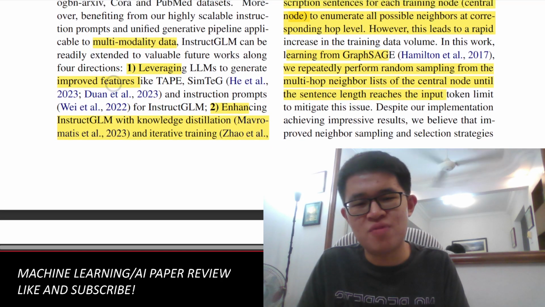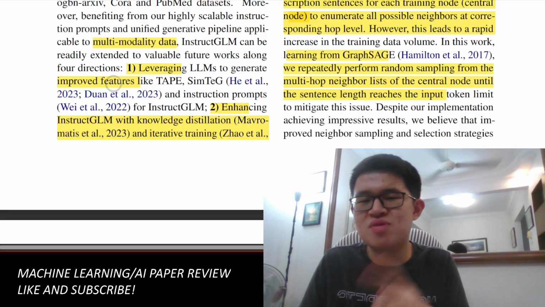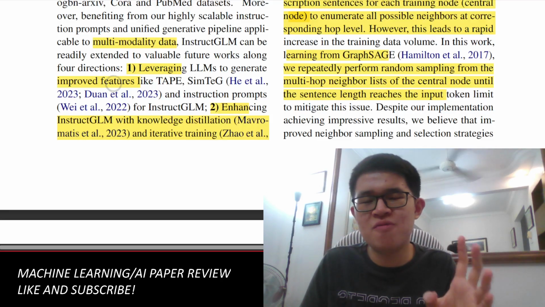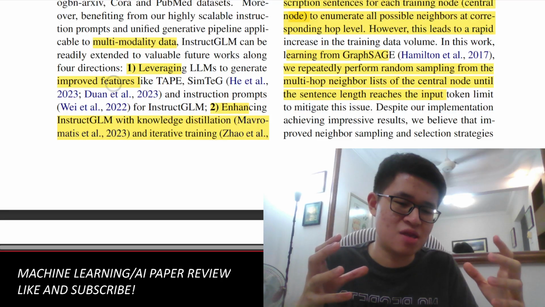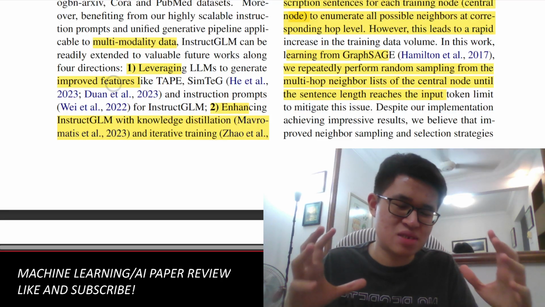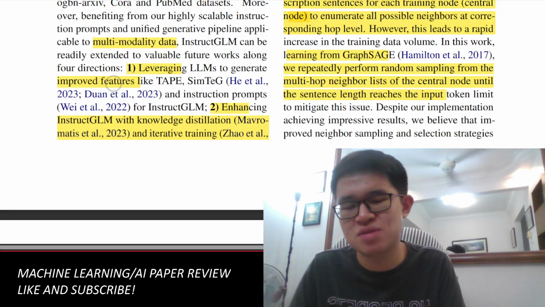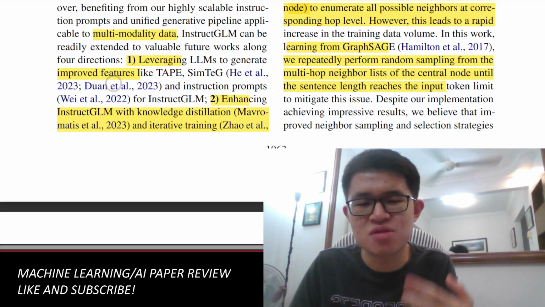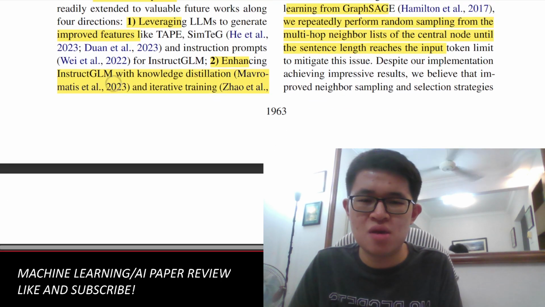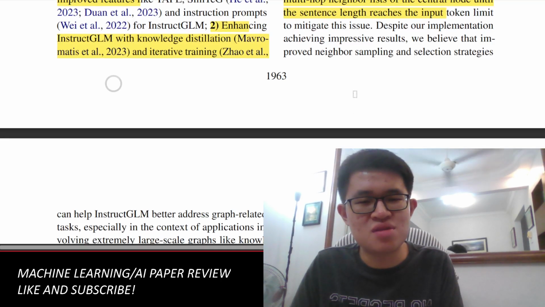But GNNs, on the other hand, don't really suffer this kind of problem, unless it's a really huge graph. Then yeah, this kind of random sampling does need to take place. But it really depends.